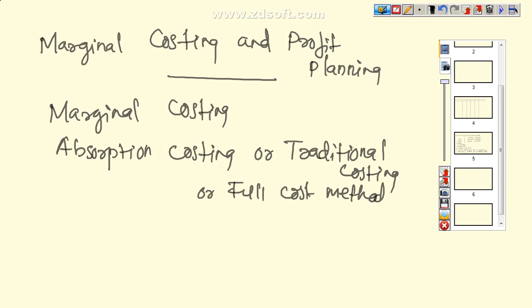Here we don't take the effect of variable cost separately in case of absorption costing, but in case of marginal costing we have to take the effect of variable cost, then after that we deduct fixed cost to calculate the profit or loss.